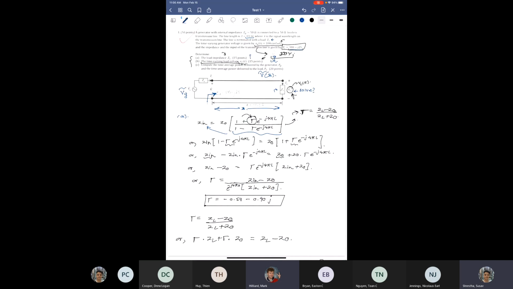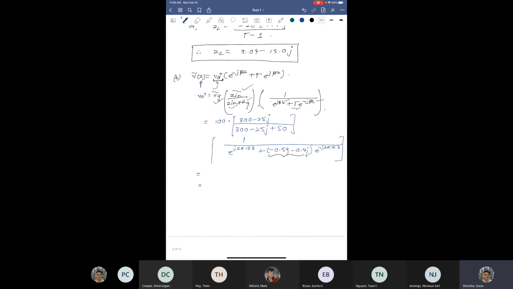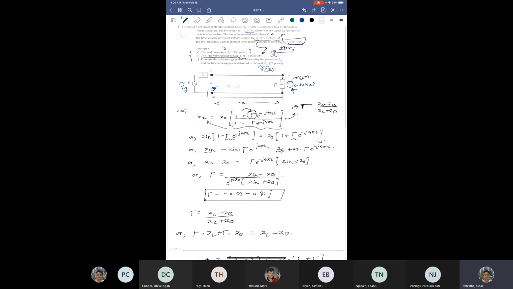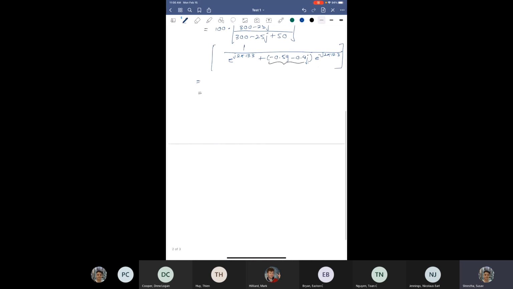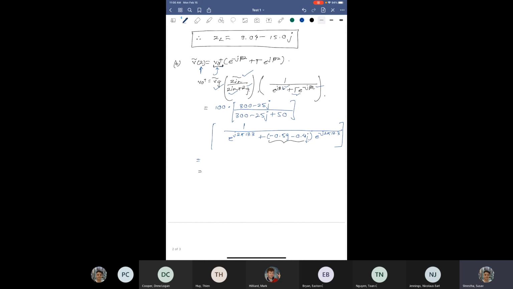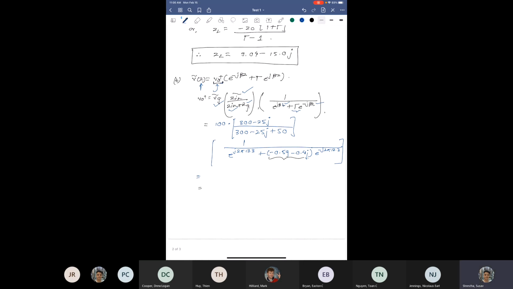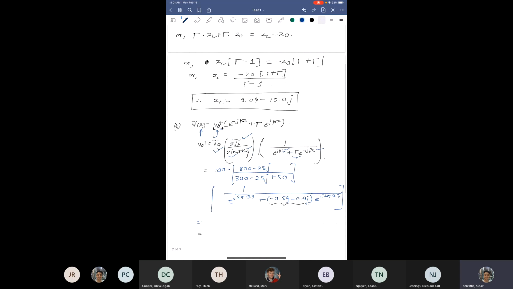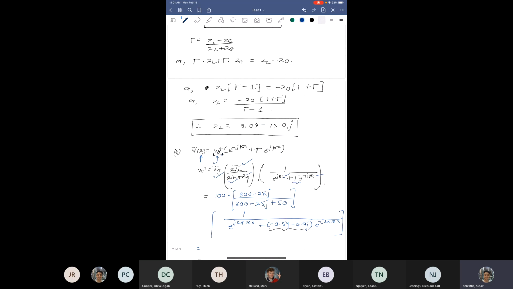Did I actually call 300 minus 25J? I think I did everything. I should have done everything correctly. Let me plug it into my calculator and see what I get. The reflection coefficient.